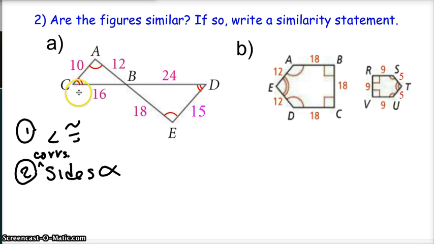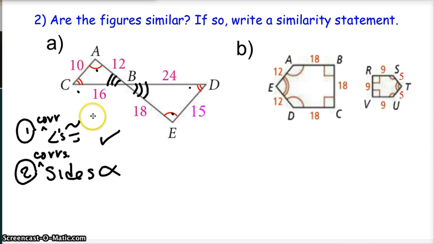So let's look at the angles. I have the double marking, I have the single marking, and using vertical angles, I'm going to use a triple marking. I can show that indeed all the corresponding angles are congruent. Now let's check that the corresponding sides are proportional.